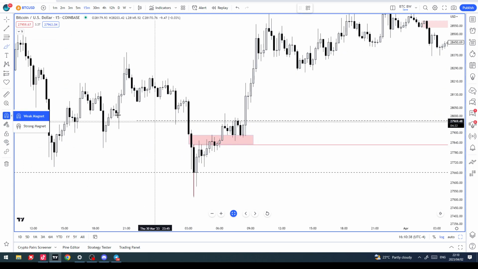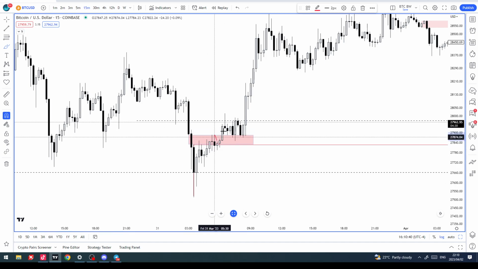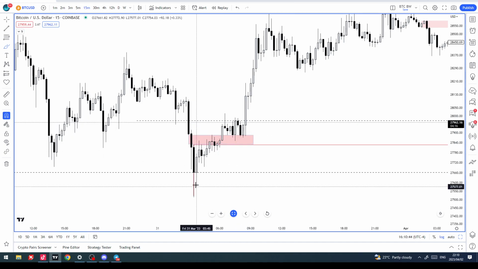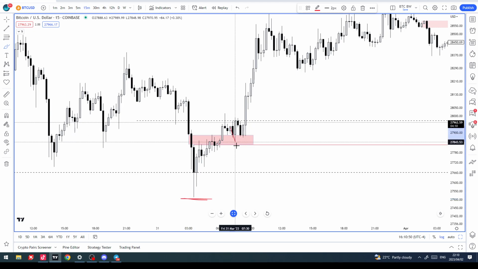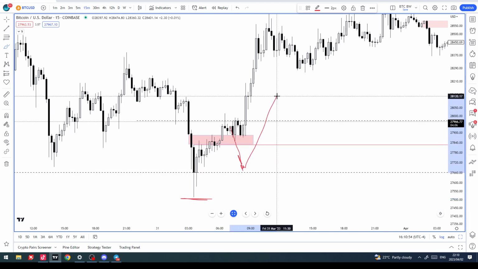Once price closes above it, here, you can immediately go long, but the risk is that your stop has to be below here, because the chances are that price can raid back into the order block, then move away. But that's the risk that you take.